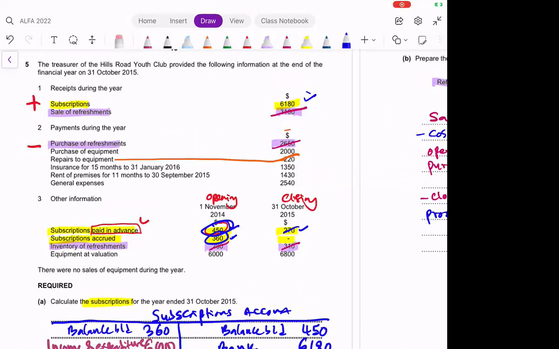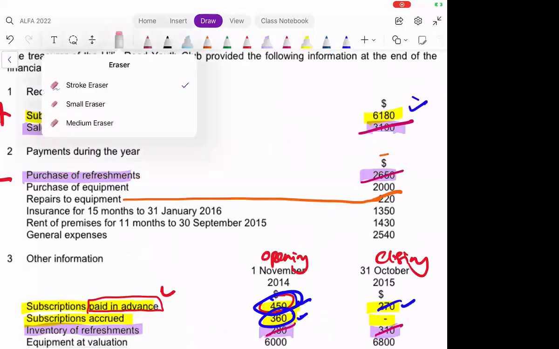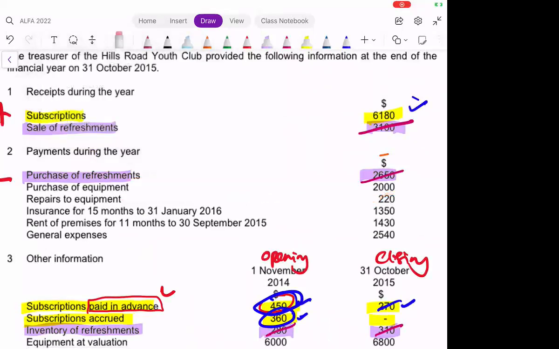Insurance. But for the insurance, they say insurance for 15 months to 31st January. So there's a prepaid. Can you calculate how much is the insurance for this year?